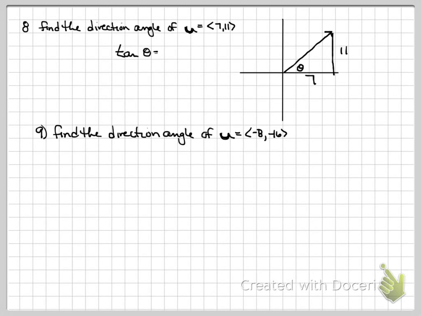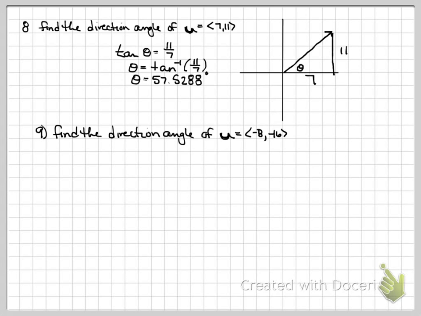Tangent of theta equals 11 over 7. So theta equals arctan, or tan to the minus 1, of 11 over 7. And it tells me that theta is 57.5288 degrees. I know that that's my angle because I am in the first quadrant, so I don't have to adjust it at all. And that's my directional angle.